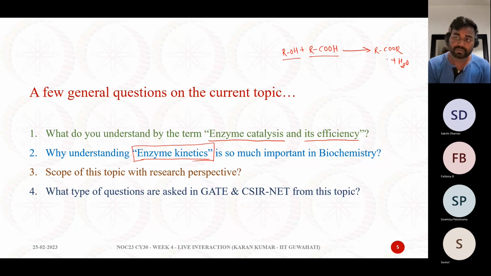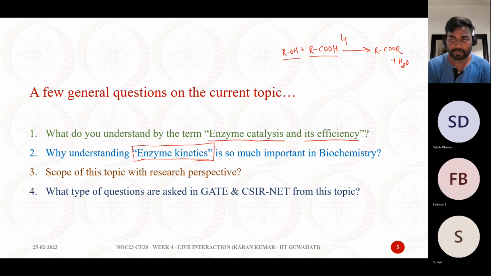as a byproduct. This particular reaction is very slow in absence of the enzyme, the enzyme as in lipase. Lipase is one of the six categories of the enzyme classification.